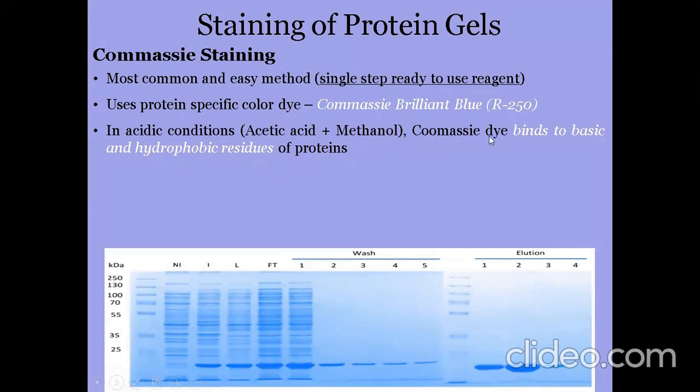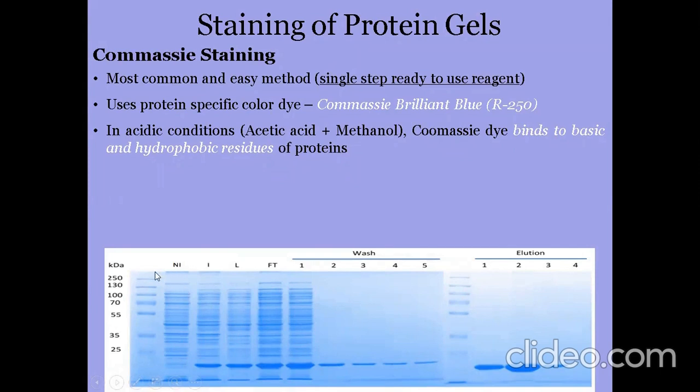In that acidic condition, the Coomassie dye will bind to the basic and hydrophobic residues of the proteins. So when we stain the gel, the Coomassie Brilliant Blue will bind to the basic residues of the proteins in the gel.